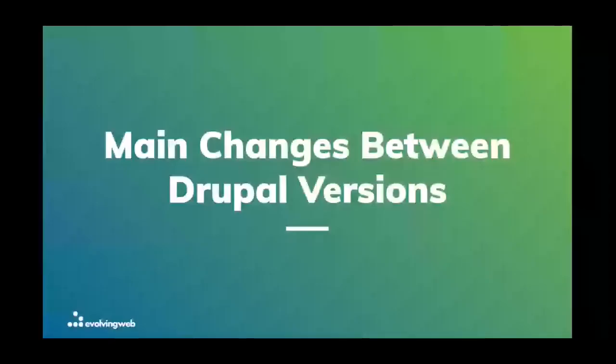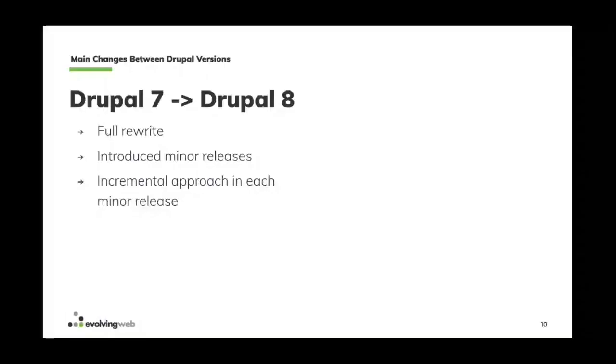Let's review the main changes between Drupal versions. As you may recall, Drupal 8 was a full rewrite of the Drupal core. In Drupal 8, we introduced minor releases, which means that every 6 months there will be a minor release that takes an incremental approach, so in each minor release we could include new features in the core.